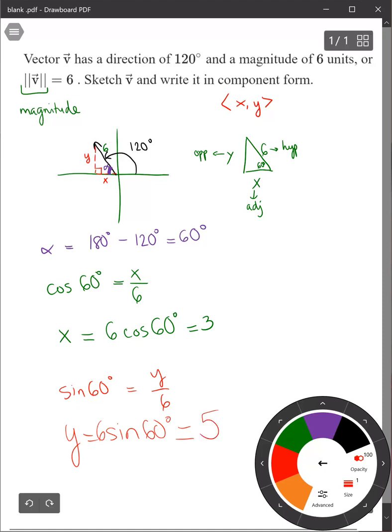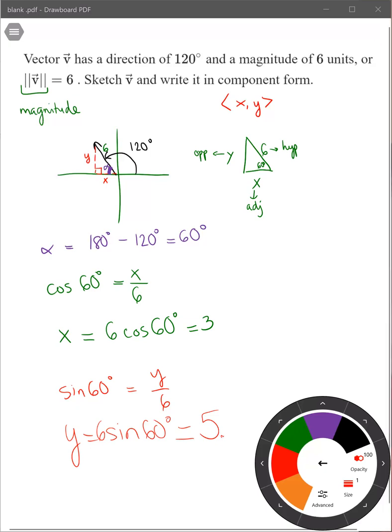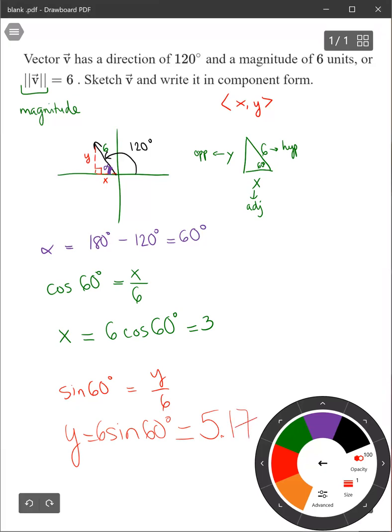So I put 5.17, or you can put 5.19. That's totally fine too. 5.2 is fine, but try to round to the nearest hundredth.